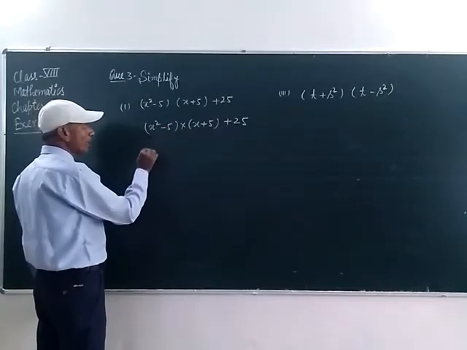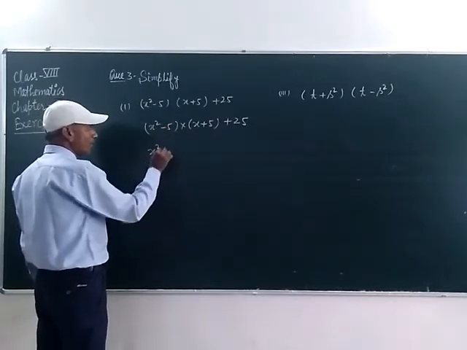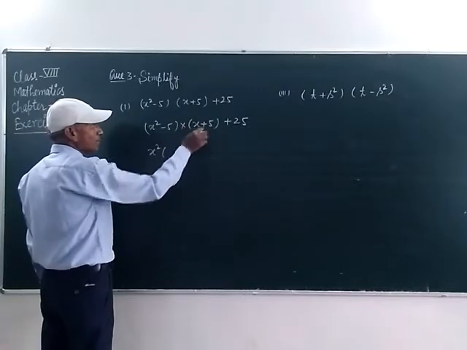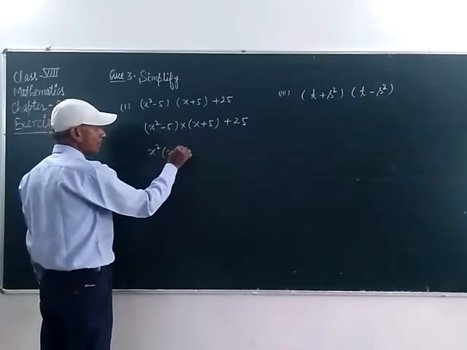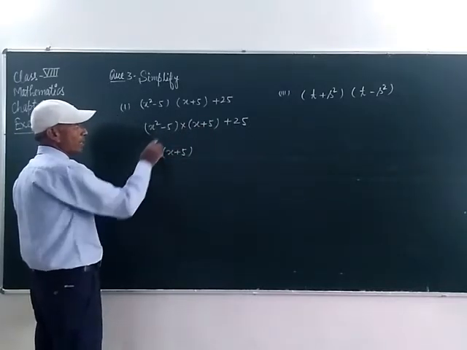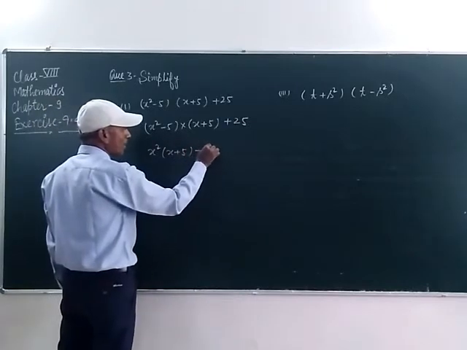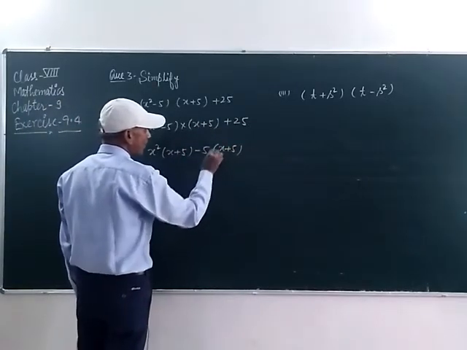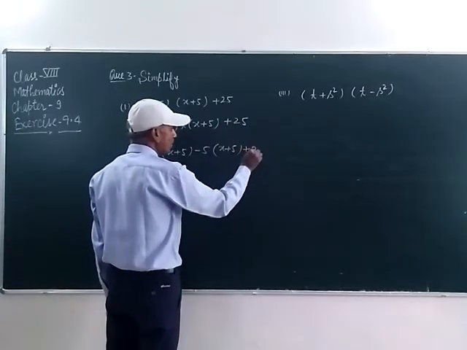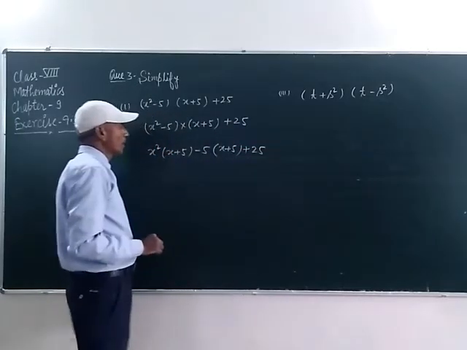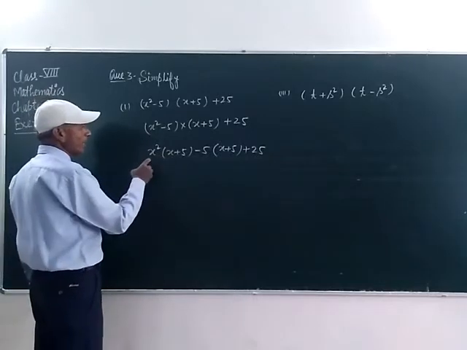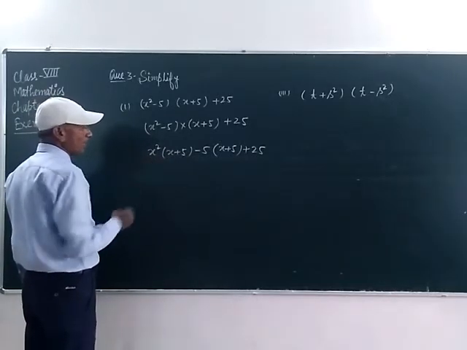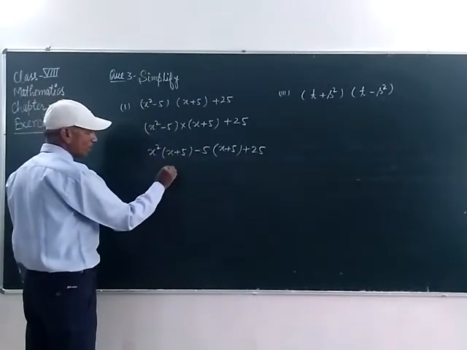So this one, x square multiplied by x plus 5 first, and this minus 5 multiplied by x plus 5, and this one plus 25. Now in this, student, x square into x, it will be x to the power 3.